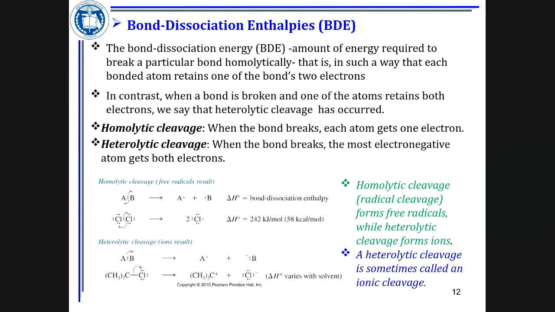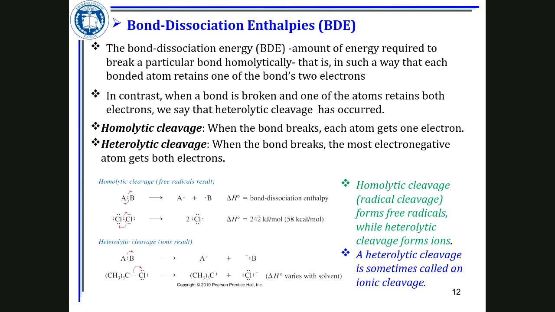Now, how could a process be endothermic or exothermic overall? If the amount of energy being consumed is less than the amount of energy being released, overall, your reaction is going to release energy. Now, if the amount of energy being consumed is greater, what does it mean?